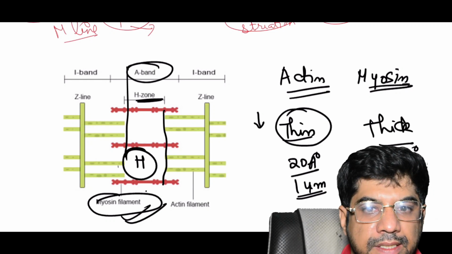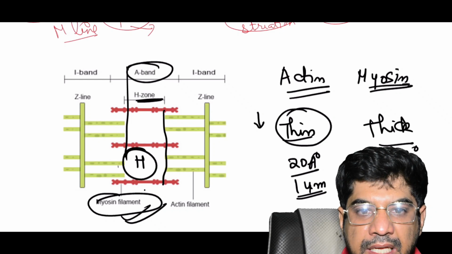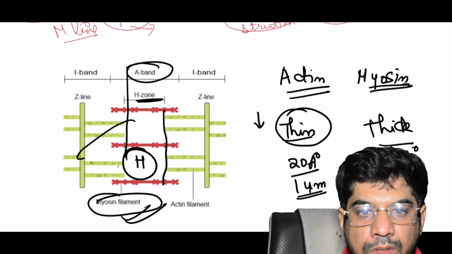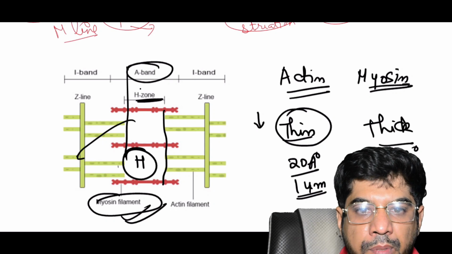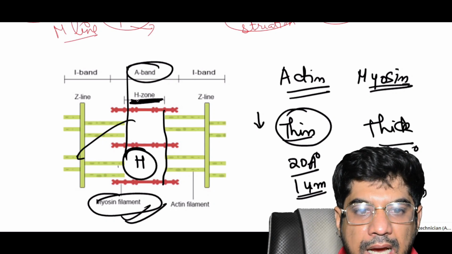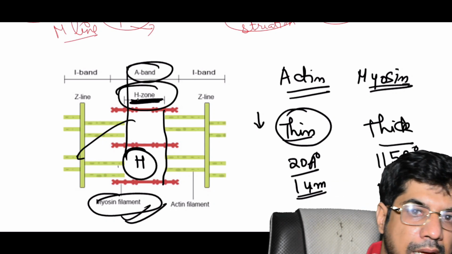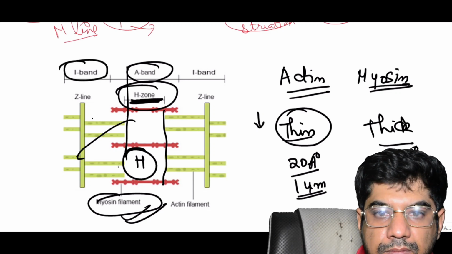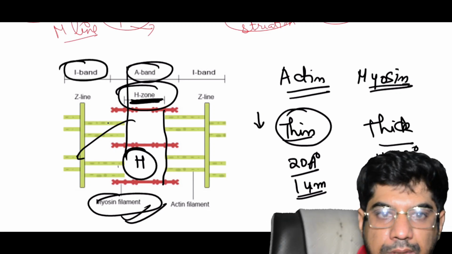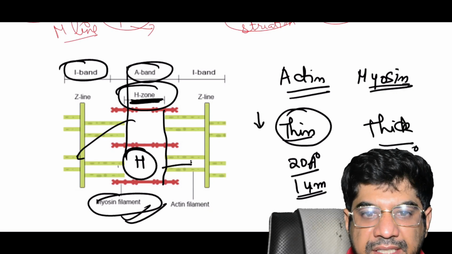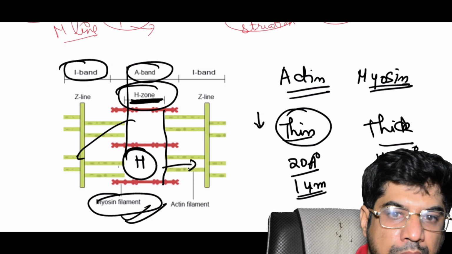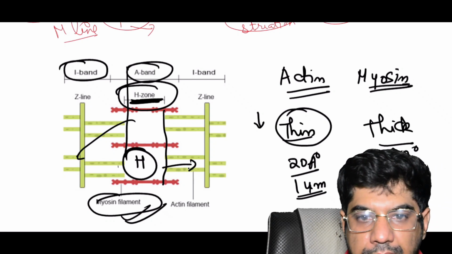So during contraction, the actin filaments glide between the myosin filaments toward the center of the H zone. The Z lines also approach the end of the myosin filament, shortening the H zone and the I zone. And during relaxation, the actin filament and Z line return to their original position.